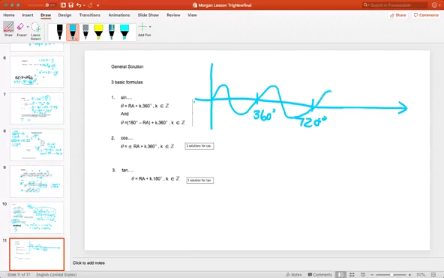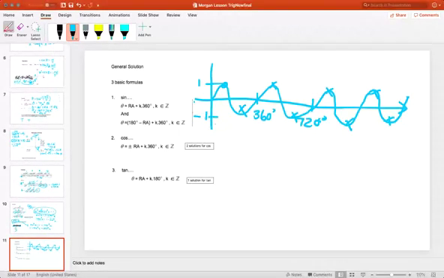And if we carried on to infinity, it's going to keep doing that. And all of these values here, all of them would have the same value. We would get positive 1. And all of these ones are going to give us the exact same value. It's going to give us negative 1.